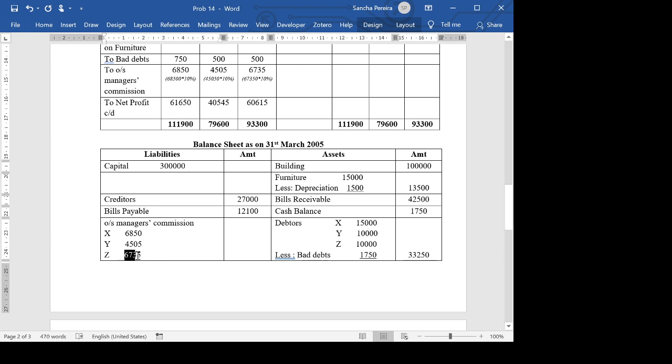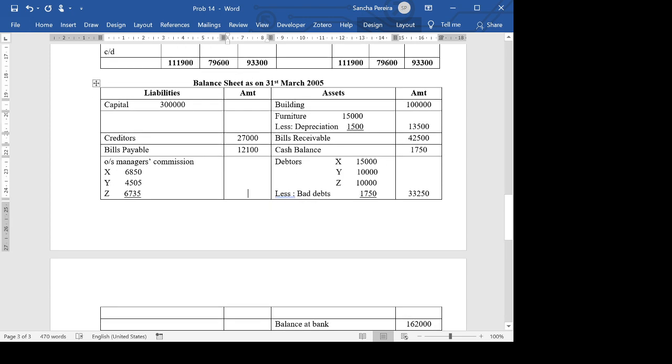The total of this comes to 6850 plus 4505 plus 6735.